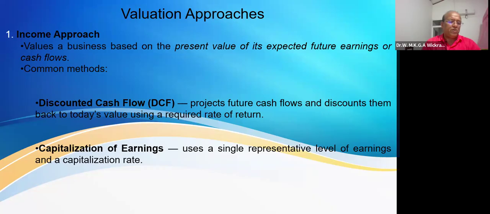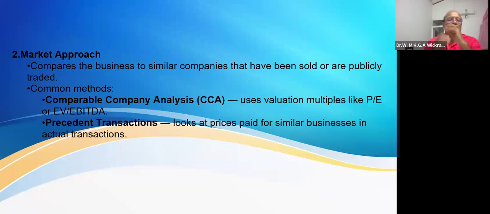That is the way you value your business, by capitalization of earnings. We will do the sums, don't worry about that. We will do a sum for each and every approach.